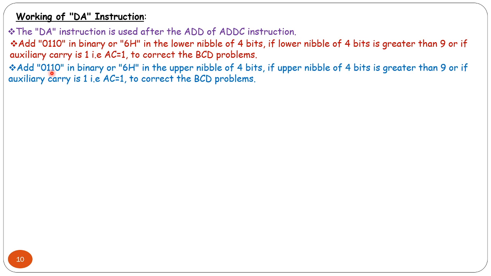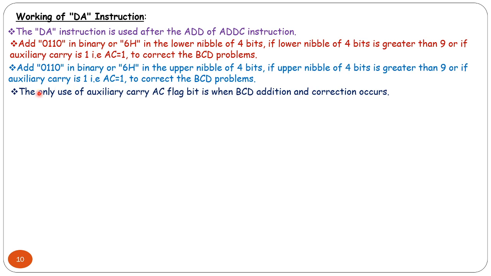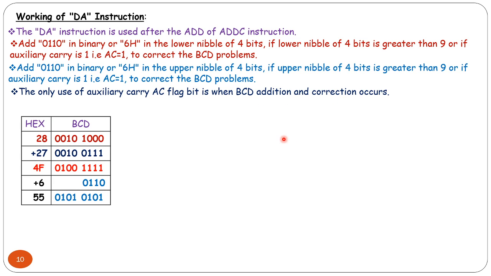Add 0110 in binary, or 6, to the upper nibble of 4 bits if the upper nibble is greater than 9, or if the carry flag is set, to correct the BCD problem. The only use of this auxiliary carry AC flag bit is when BCD addition or correction occurs.